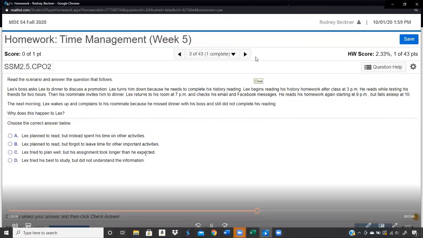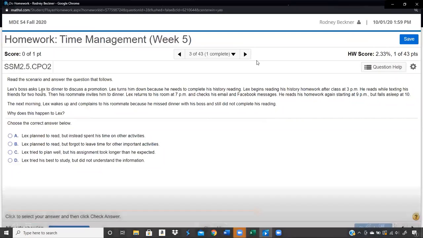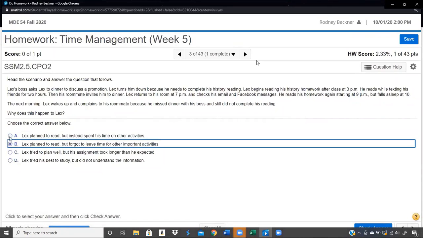His assignment took longer than he expected. Well, I mean, he spent from 3 to 5 studying, but also texting at the same time. Then he reads his homework again starting at 9, but falls asleep at 10. So, I mean, 3 hours, that's not a ton. That doesn't sound like it took longer than expected. So it's probably A or B.